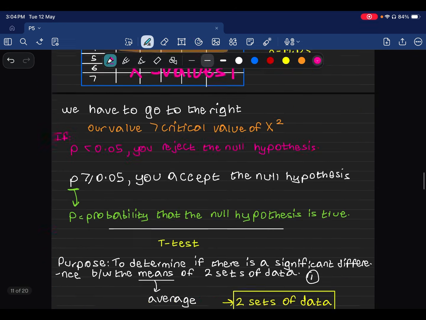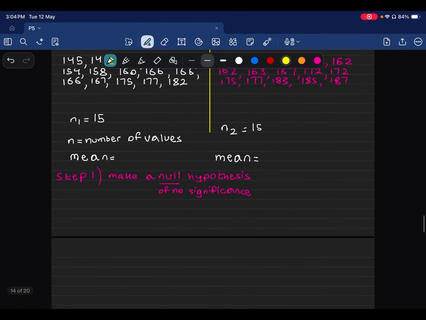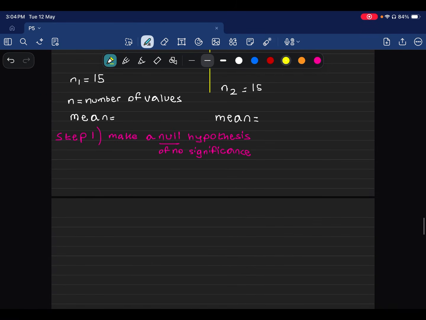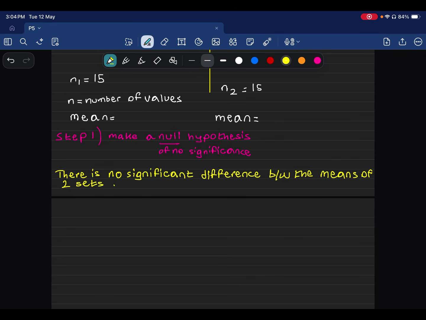There is no observed and expected in the t-test, right? It's the means that you're comparing now instead of observed and expected. So there is no significant difference. It's almost the same as chi-squared, by the way. There is no significant difference between the means of two sets of data.